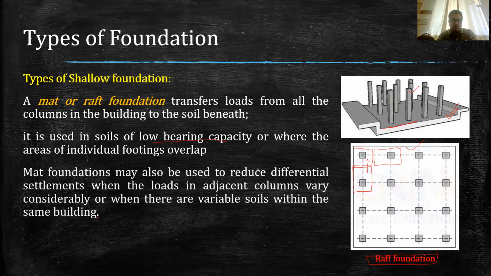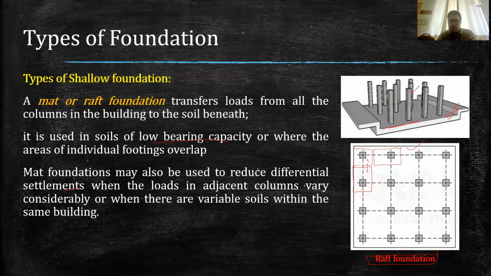Well, this raft foundation is also used to reduce the differential settlement. So I have discussed differential settlement, that this differential settlement occurs when we have two types of soil having different settlement characteristics, and if we construct a building on two different types of soil, then if one soil is showing more settlement, the building tilts towards that.